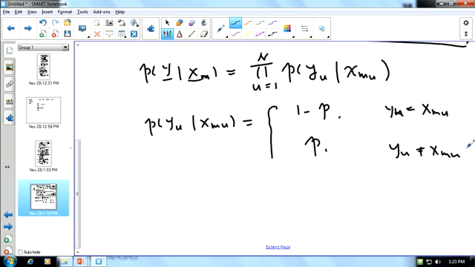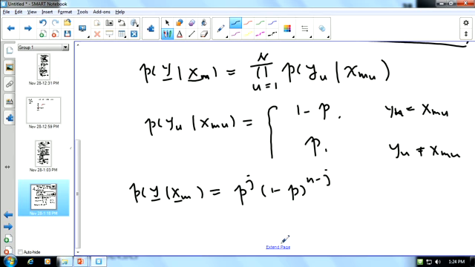So in this case, p(y|xm) is the product of all these 1 minus p or p. Actually, we can write it as, so we assume that j bits are different. The Hamming distance between these two is j bits.